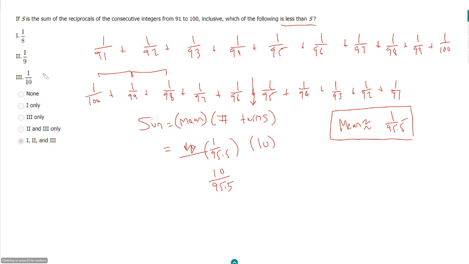I want to get everything in terms of 1 over, because that's what all my answer choices are. So if I divide by 10 here, 10 over 95.5 should be about the same as 1 over 9.55.